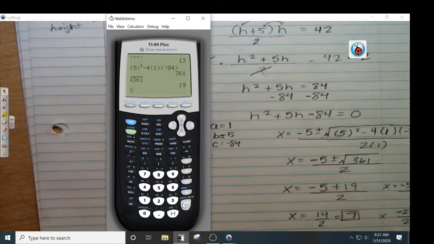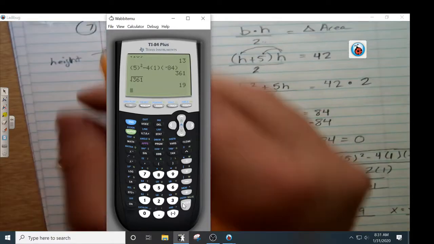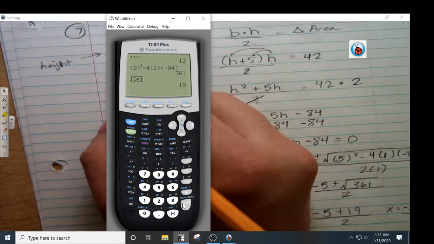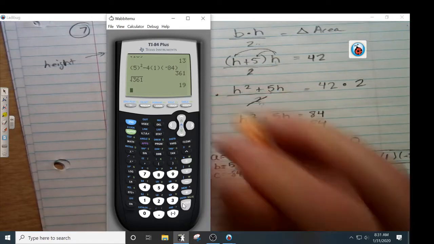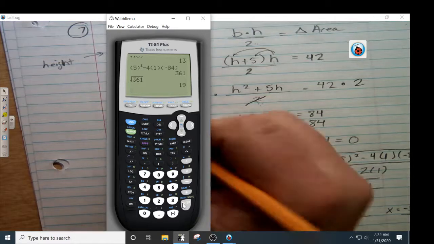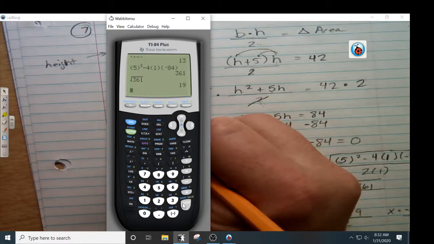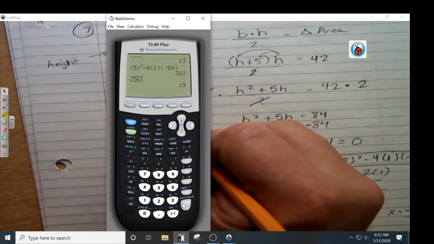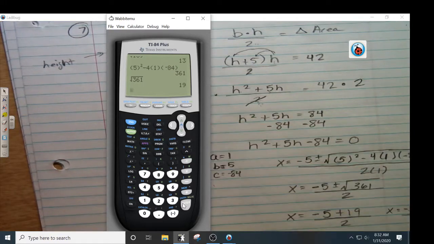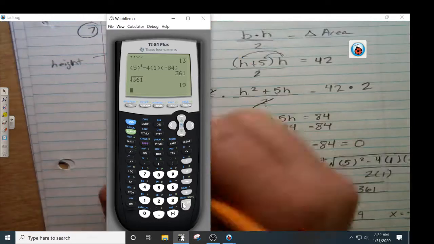So it says we need the base and the height. So now my base is h plus 5. So guys, if I know what h is, it's 7. The base is going to be 12, and then my height is simply going to be what? 7.